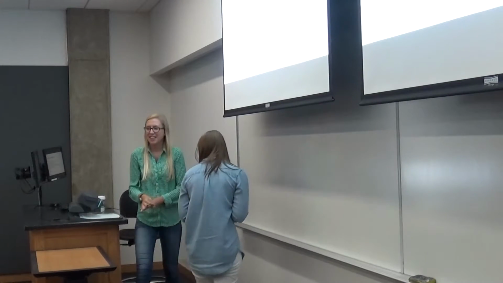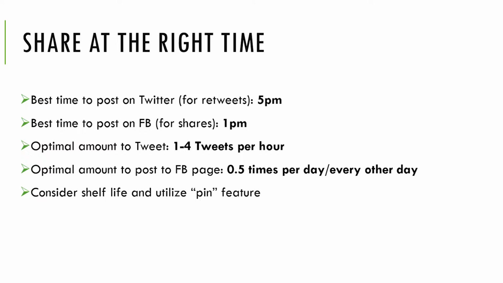So a big thing about getting some interaction is knowing the right times to post on your social media. This is some information I found online. It gets kind of gray because some people have different times in this, and some people have these, so it's going to be beneficial to kind of play around with these times and see.